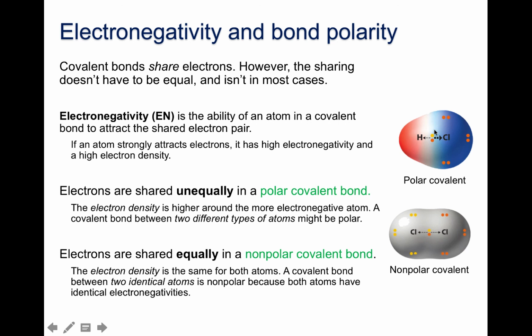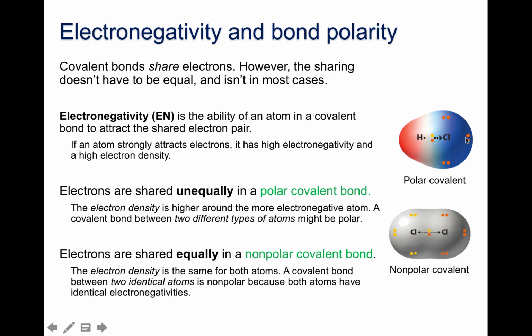Chlorine is much more electronegative than hydrogen, and so the shared pair of electrons between hydrogen and chlorine in that bond are going to spend more time around the chlorine atom than they are the hydrogen atom. And so we call that a polar covalent bond because we have two poles. We have one partially positive end and one partially negative end. The electron density will be higher around the more electronegative atom, chlorine in this case.